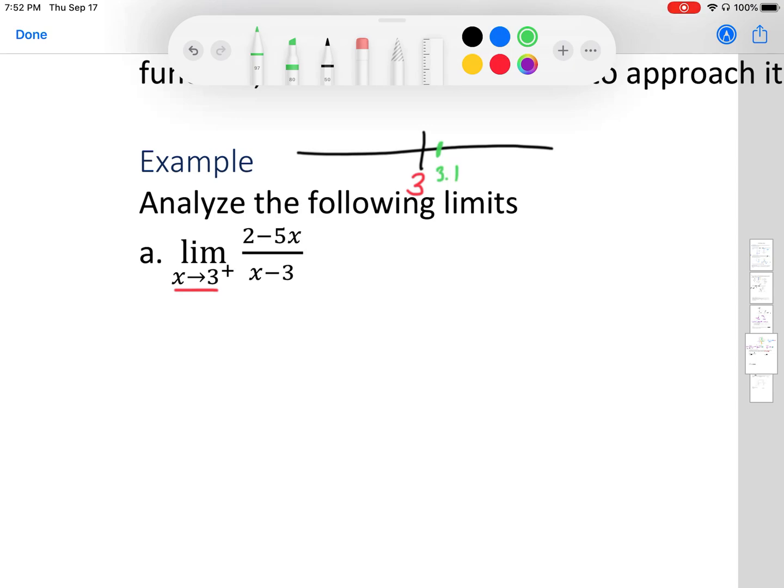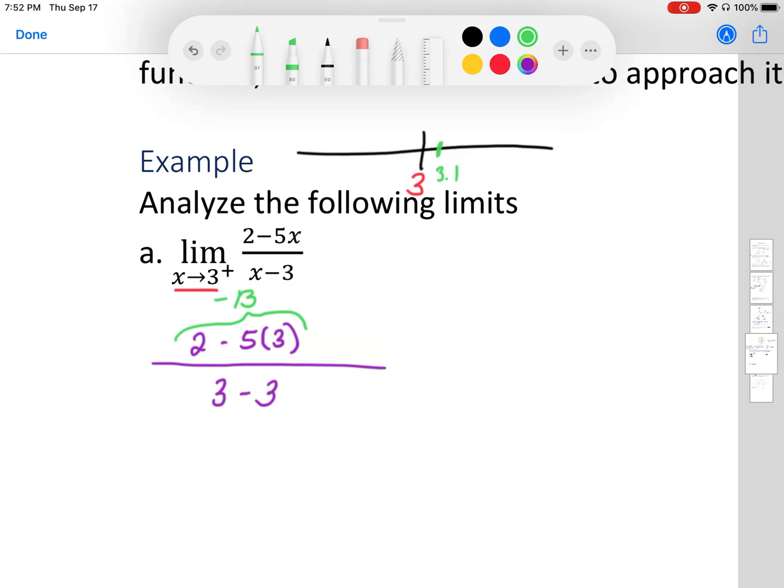So what happens when we plug in that 3.1 in the denominator? So let's plug in 3 in our numerator since that's okay. We have 2 minus 5 times 3. And in our denominator, we're going to think about a really close number that is not 3. All right, in our numerator, we get negative 13, right? 2 minus 15, negative 13.